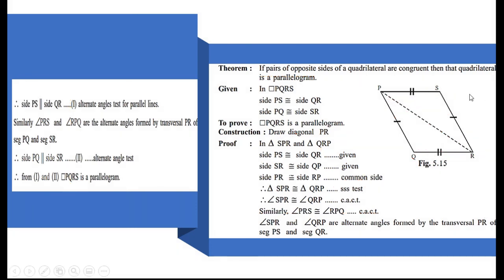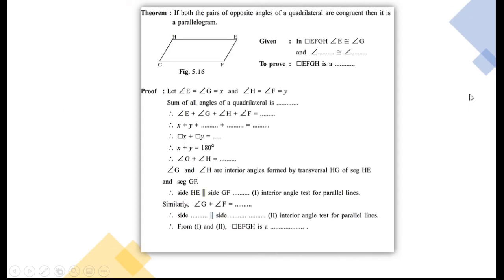Okay, that you should remember. Now, if both pairs of opposite angles of a quadrilateral are congruent, then it is a parallelogram. It is about angles. Angles, opposite angles congruent है तो भी quadrilateral parallelogram होएगा.